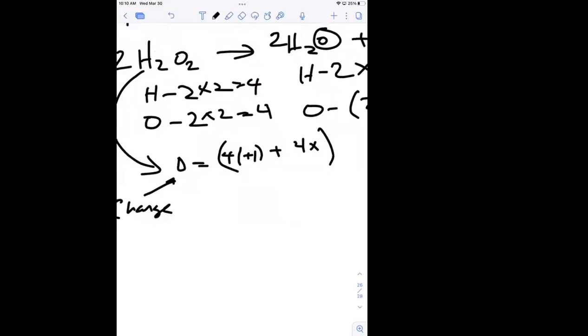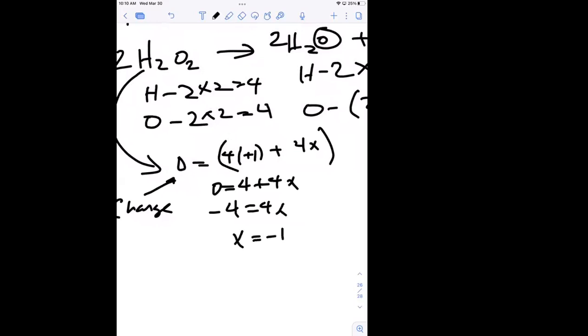All right, so in this case, we're going to say that 0 equals 4 plus 4x. Then we'll subtract 4 from both sides. So that's minus 4 equals 4x, and x equals -1.